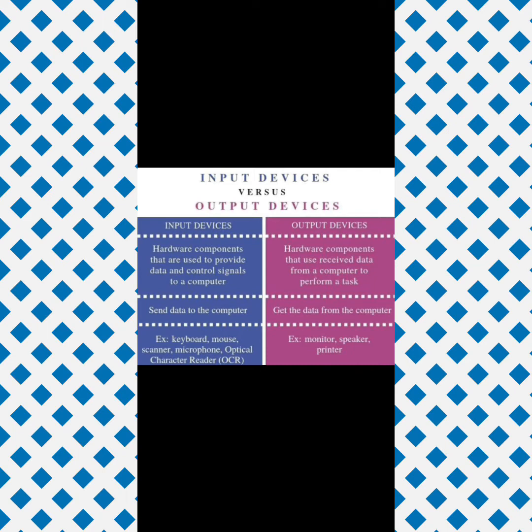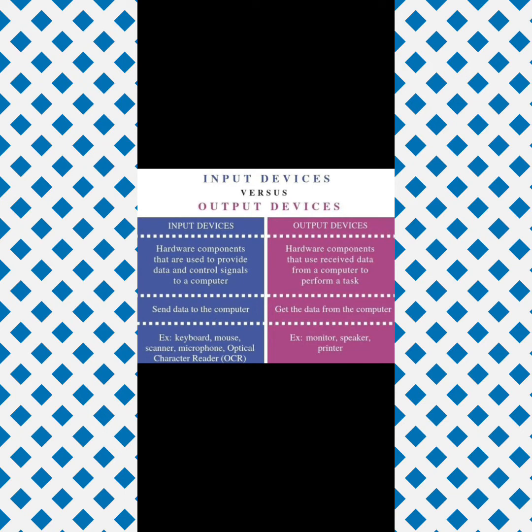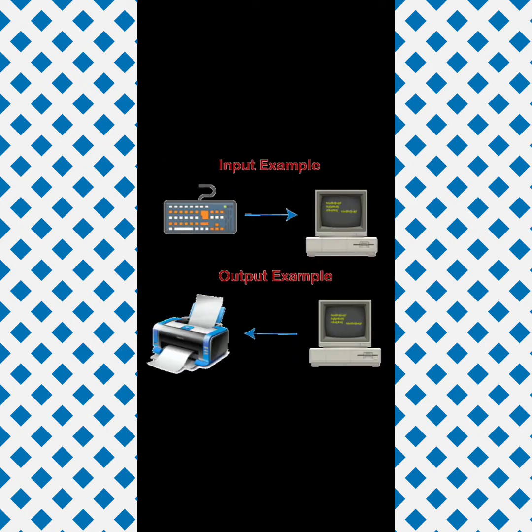Now let's have a few examples. Input devices: keyboard, mouse, scanner, microphone and so on. And output devices, for example, monitor, speaker, printer and there are so many. So this is basically the difference between input and output devices that you can read.